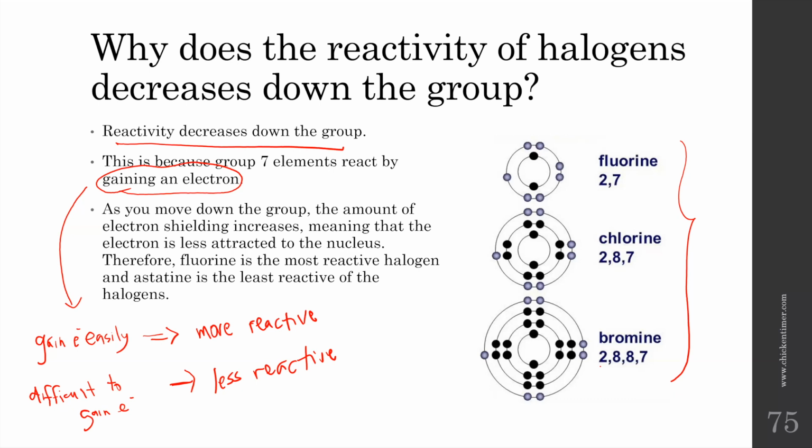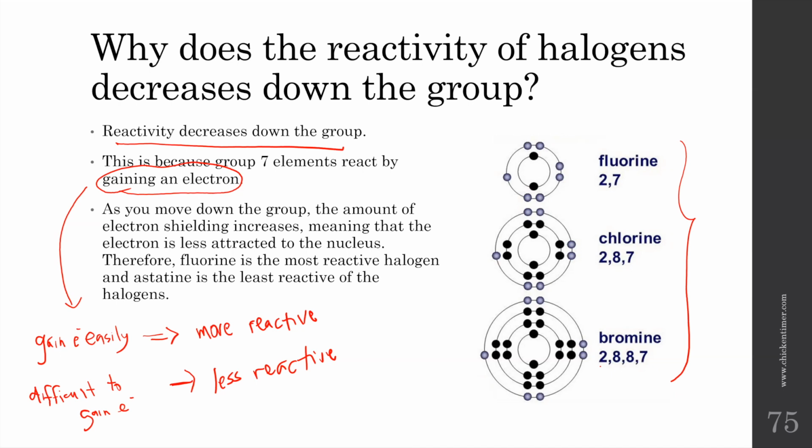So bromine, on the other hand, has 4 shells. So bromine is the bigger atom. Because of its size, it is more difficult for bromine's nucleus to attract an electron.